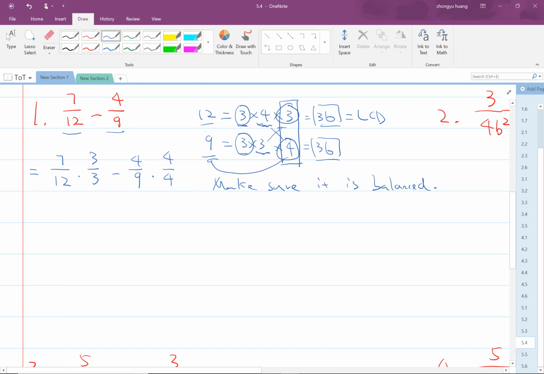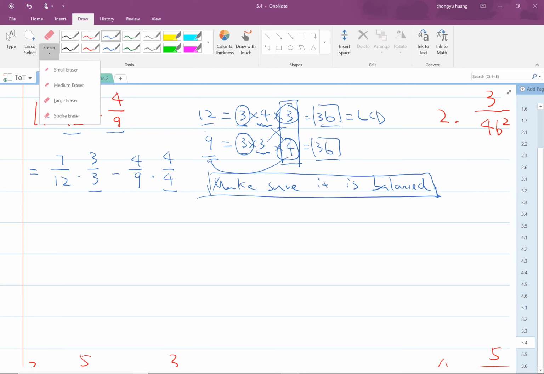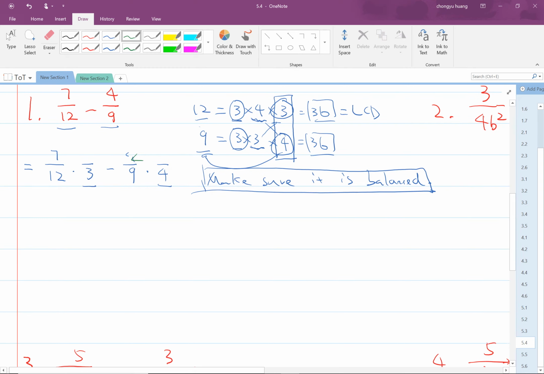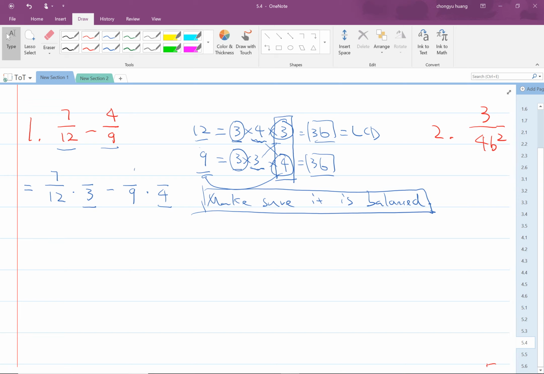That's why you multiply 3 over 3 and then 4 over 4. A lot of people get the wrong answer just simply because they didn't balance it.